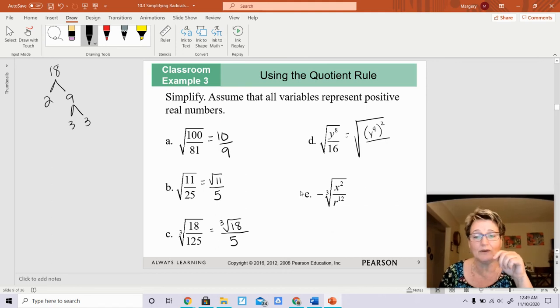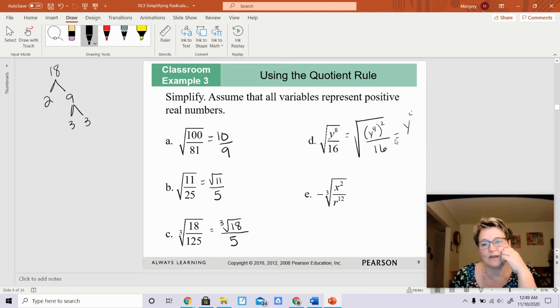Because it's a square root, I wanted a 2 on the outside. Now, the square root of 16, we know what that is. So here we go. The square root of y to the 4th squared is y to the 4th. The square root of 16 is not 8. It is 4. All right.